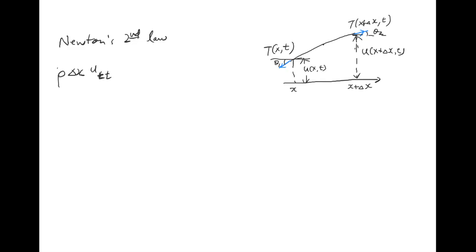So this is ma, which equals the force, and the force will be T(x+delta x,t) sine theta 2 minus, well, sine theta 2, let's be more specific, I also use theta(x+delta x,t). So that theta 2 is the theta at x plus delta x, t. And this one is minus.